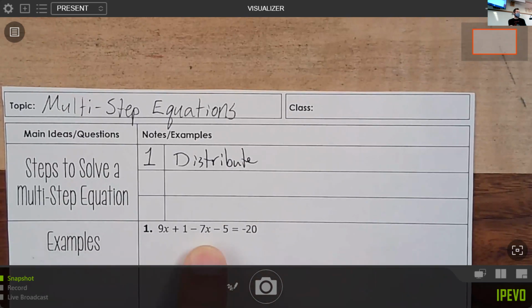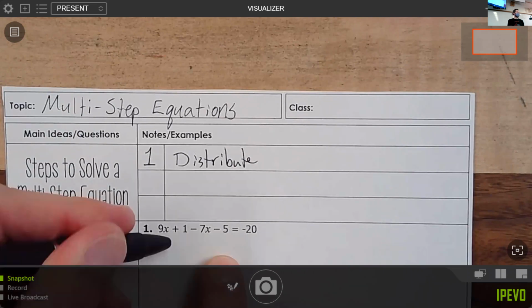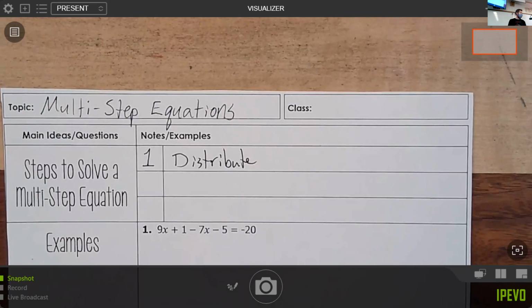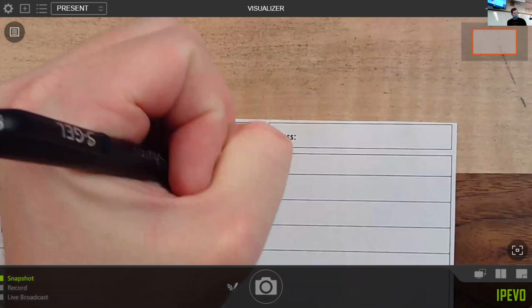I see some people shaking their heads no. Why not? When do we distribute? What's the thing that we see that tells us we need to distribute here? Parentheses, yeah. And there aren't any parentheses here. So if there are no parentheses, then we cannot distribute. So distribute if possible.